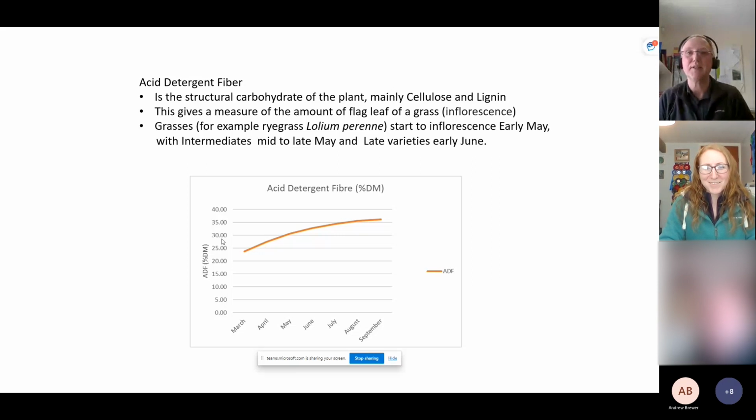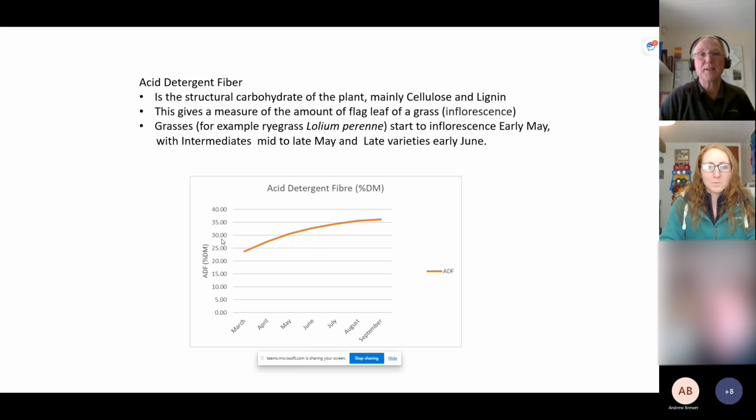So they like the nice leafy, easily digested grass. Cattle will be a lot more resilient and willing to eat it. But the more flag leaf, the higher the level of ADF, or acid detergent fiber, in the grass.